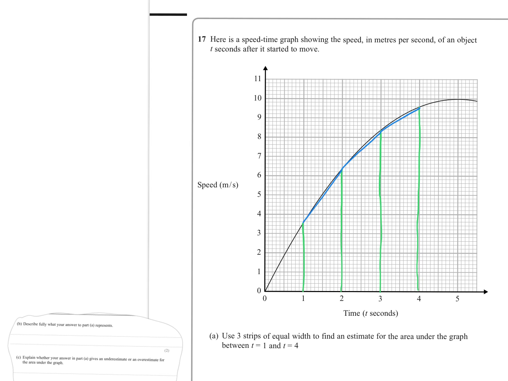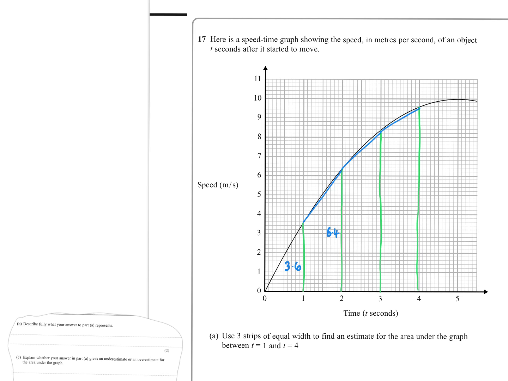Now I've written over this a little bit here, so I'm going to just look at my original. And it looks as though it's roughly 3.6. The next one looks to be about 6.4.